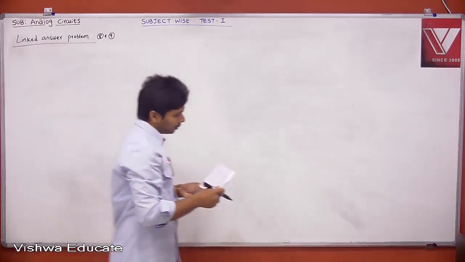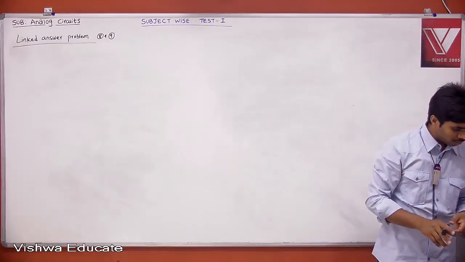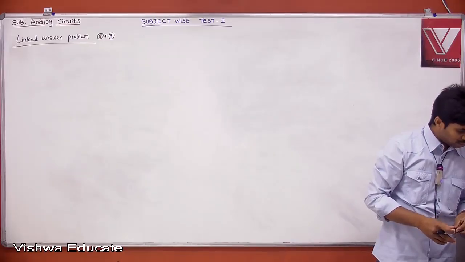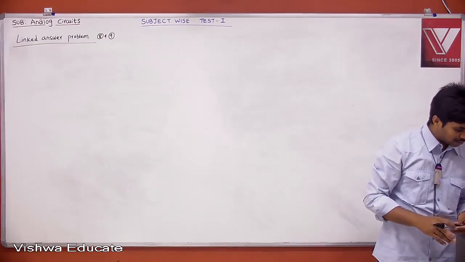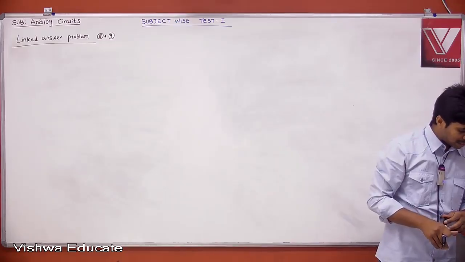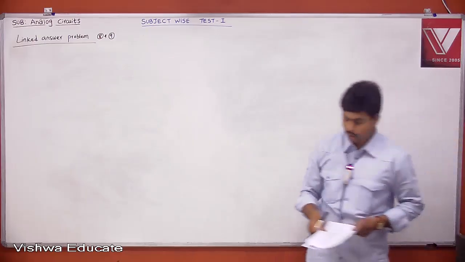What is the data given? Consider the CMOS circuit shown where the gate voltage VG of NMOS is increased from 0 while the gate voltage of PMOS is kept constant at 3 volt. Assume that for both the transistors the magnitude of the threshold is 1 volt and the product of the transconductance parameter and the W by L ratio, that means mu Cox W by L, is 1 milliampere per volt square.